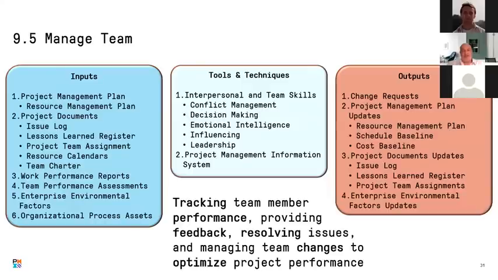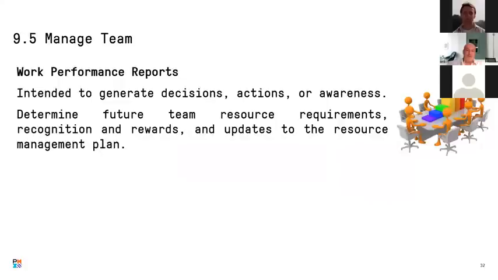One of the important interpersonal skills is emotional intelligence. While PMBOK 6 has been written, emotional intelligence is actually not that old a subject in the world. It is how you get to know more about yourself and others. We're going to talk about this a little bit in the coming slides.